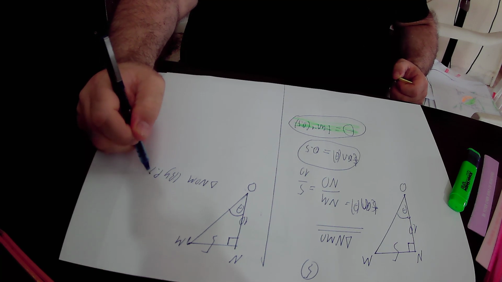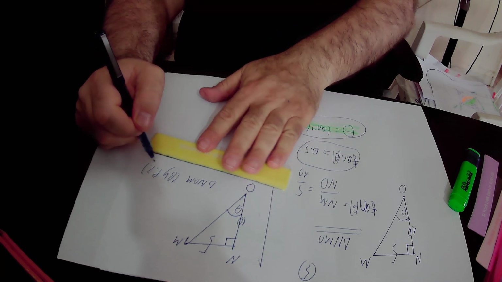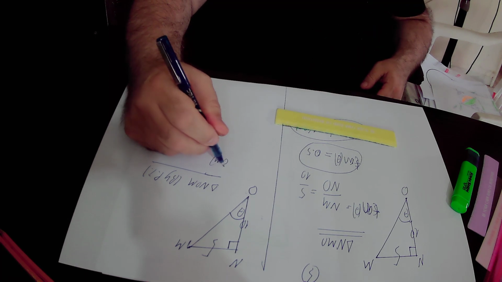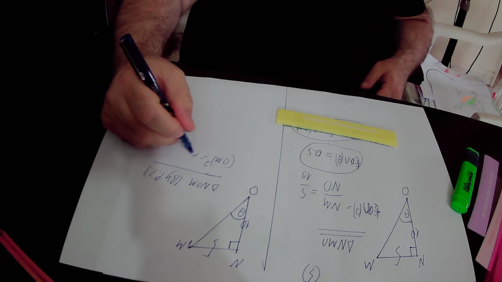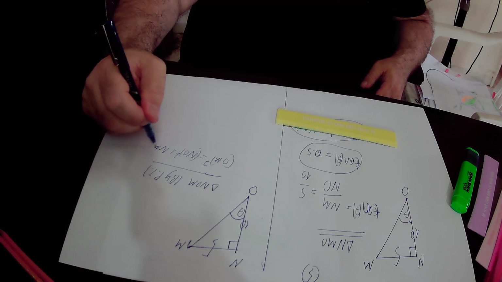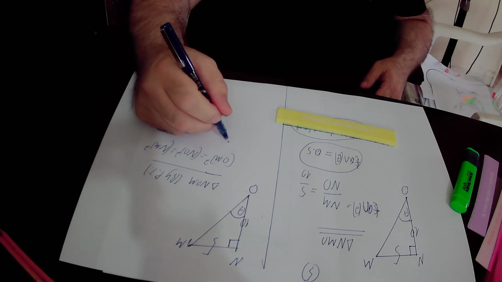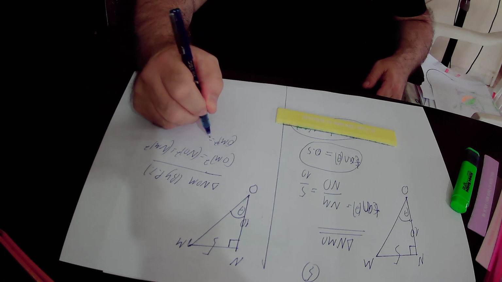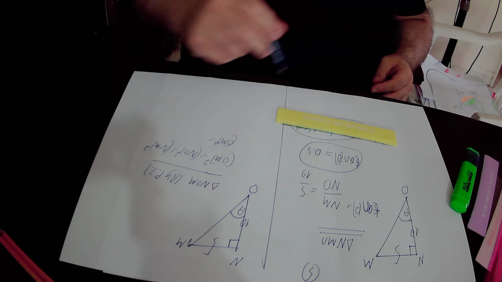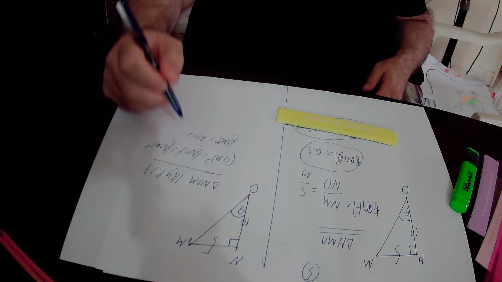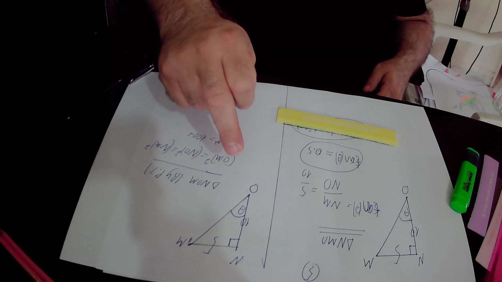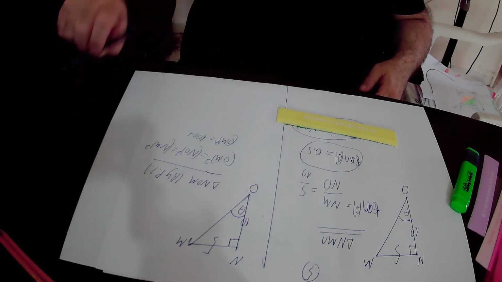The square of the hypotenuse equals the sum of the squares of the perpendiculars, that is, OM squared equals NO squared plus NM squared. NO is 10, so NO squared is 100, plus NM squared. NM equals 5, so NM squared is 25.